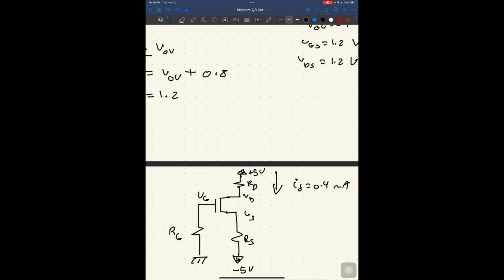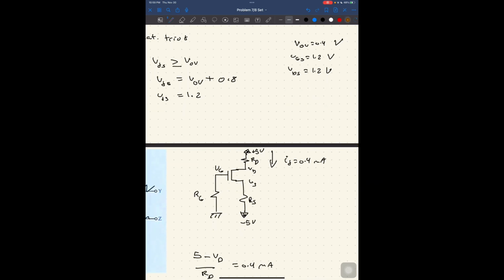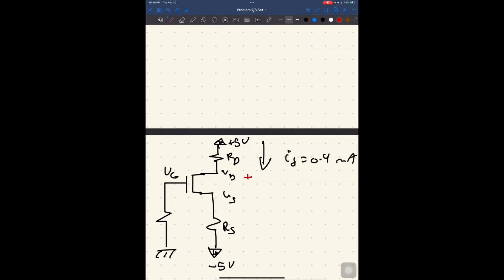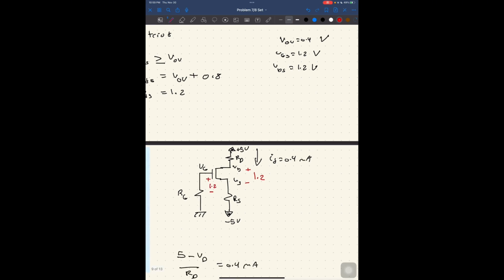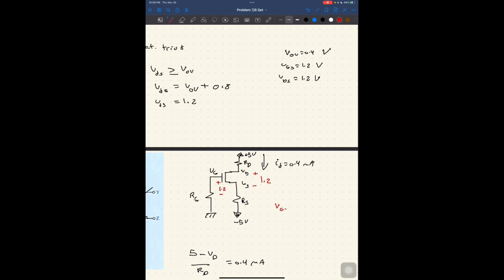What does this tell us? VDS is nothing but the voltage in between VD and VS, and that is 1.2. And VGS is nothing but the voltage between VG and VS, and that is 1.2 as well. We have to understand that VGS is equal to VG minus VS. You see here that VG is equal to 0, because no current flows, I is equal to 0.